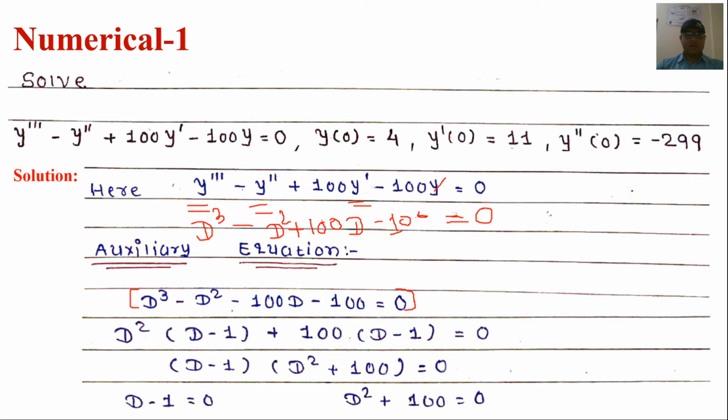Now from the first two terms, take d square as the common, so you will get d square into (d minus 1) plus, now from the last two terms take the 100 as the common.